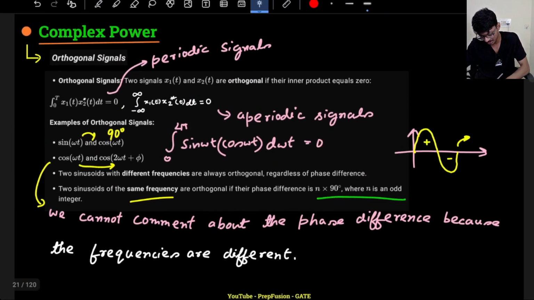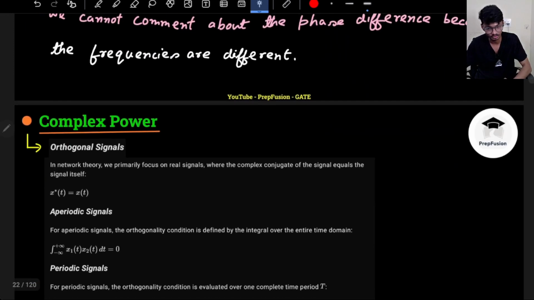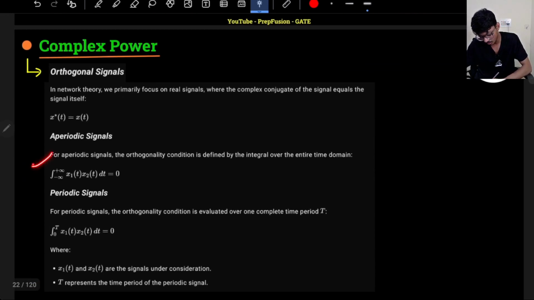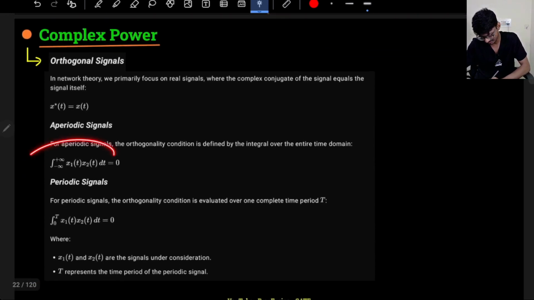So the conjugate sign goes away, because I know you fear seeing complex expressions with conjugate terms. So we can simply write our orthogonal relation like this: for a periodic signal, the integral of x1 of t times x2 of t dt over a whole period equals 0. So this was a quick look at orthogonal signals.